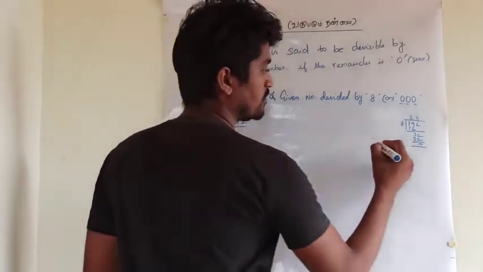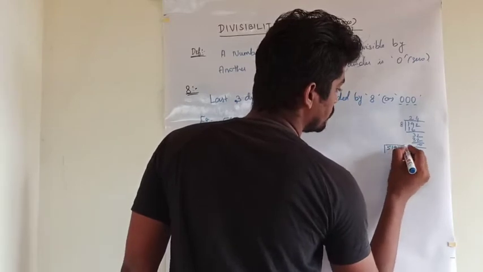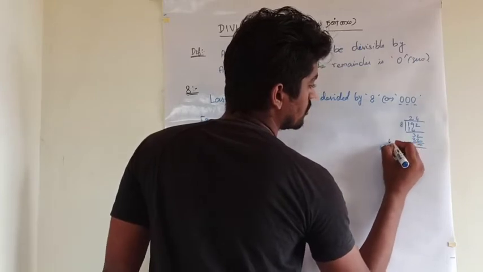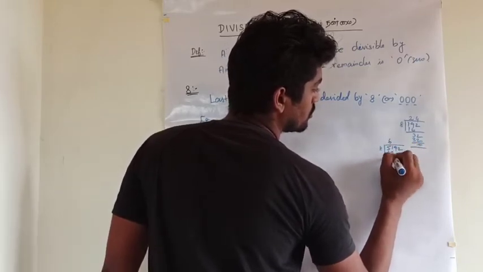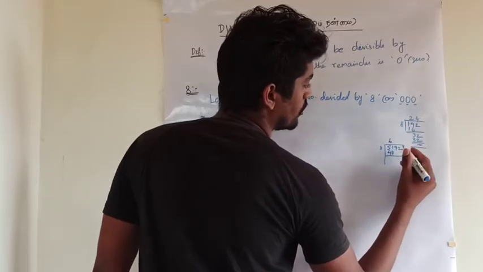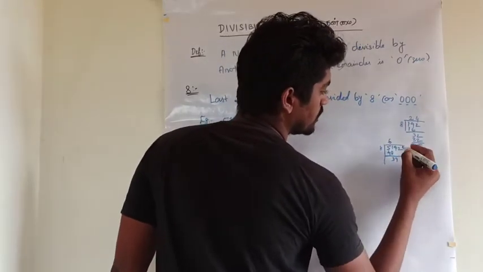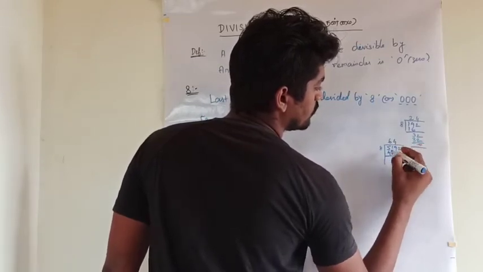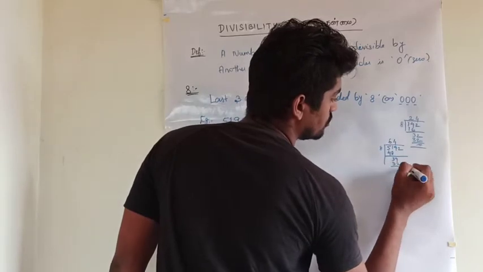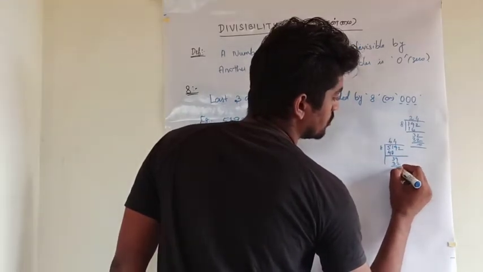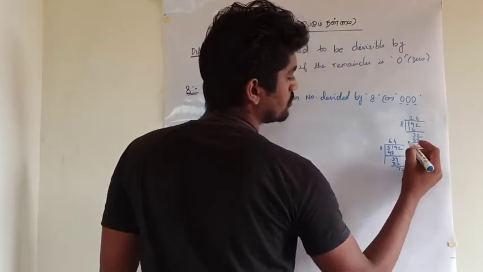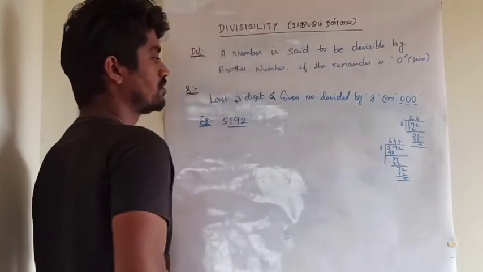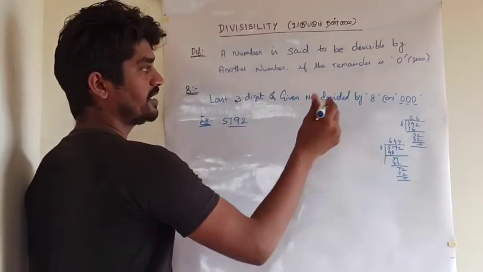We can check 5192 by 8. 6 8s are 48, 39. 4 8s are 32, 72. 9 8s are 72. So the given number is fully divisible by 8.